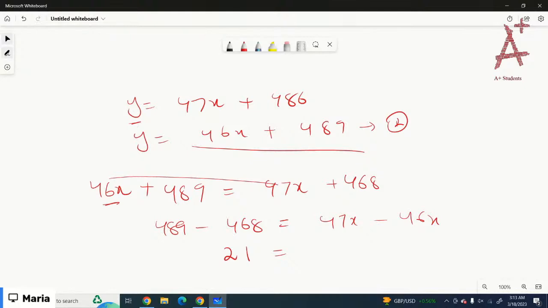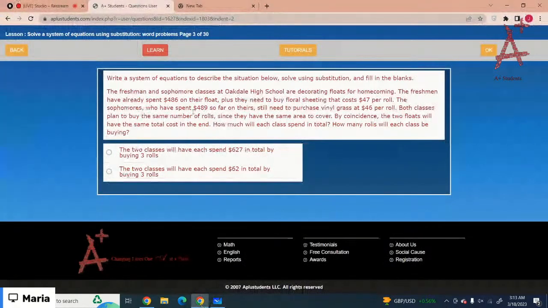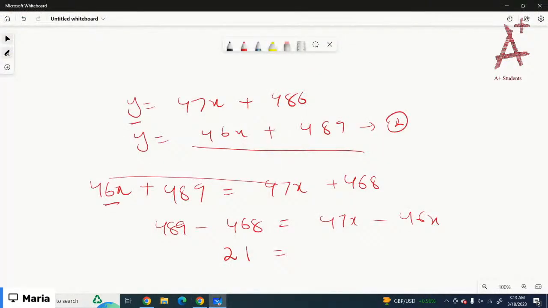Wait, I think something is wrong. Here you have 486 and 489. So 489 minus 486 is just 3. That means x equals 3.